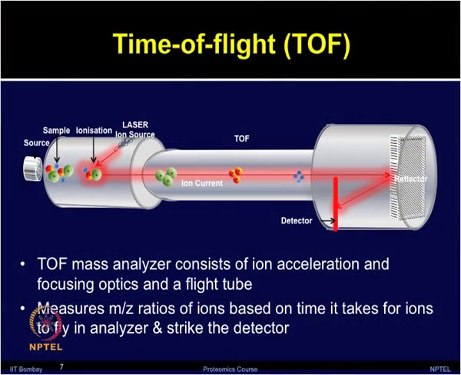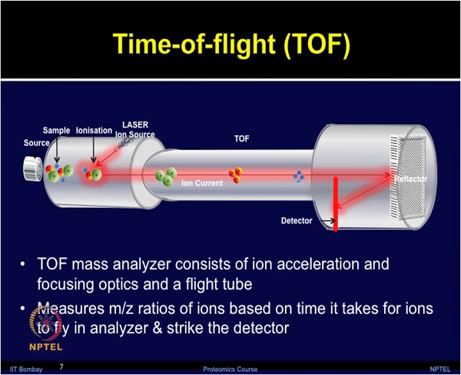So, the TOF mass analyzers consist of ion acceleration and focusing optics and a flight tube. As shown in the slide, you have a source, where sample ionization occurs due to laser beam bombardment. Then ions move in the time of flight tube and reach the detector. Often we can also add a reflector, an ion mirror, which can increase the path length.